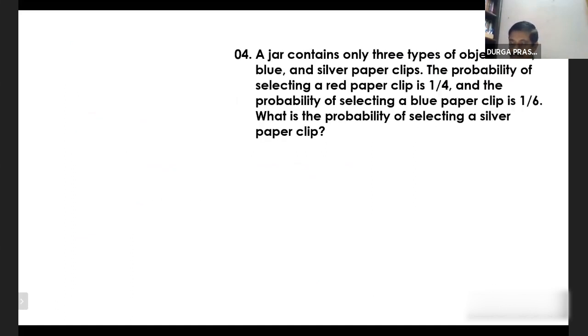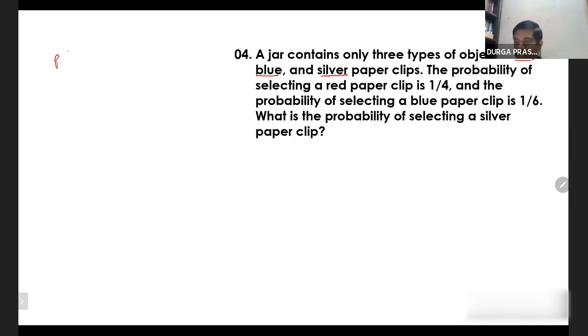So look at this. A jar contains only three types of objects: red, blue, and silver paper clips. The probability of selecting a red paper clip is 1 out of 4.